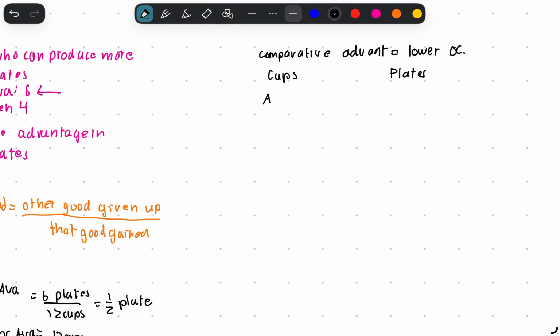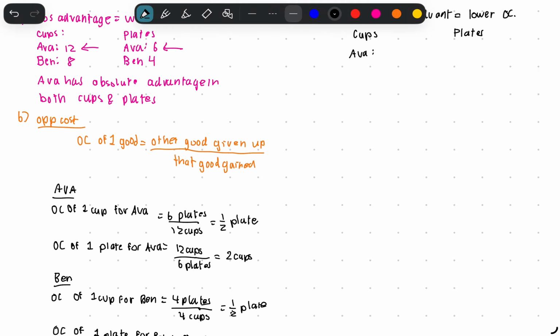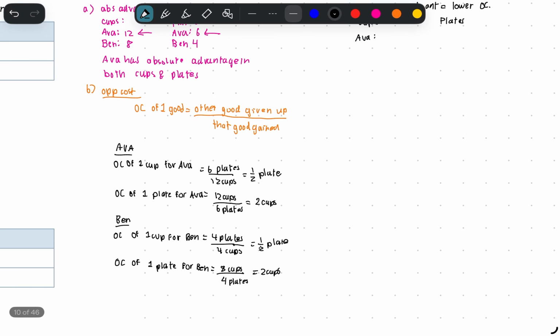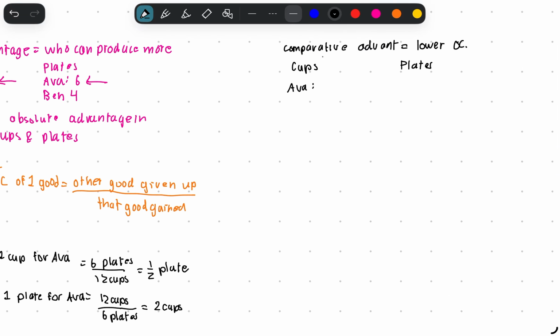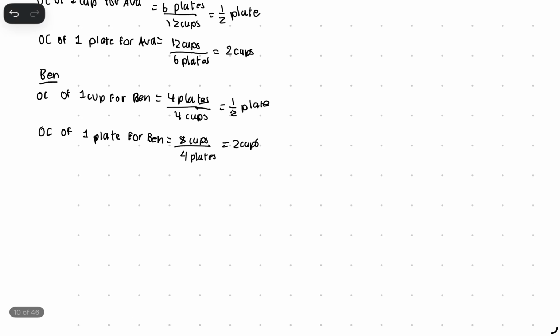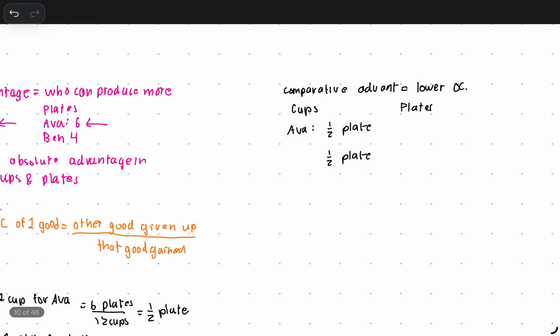So we know that Ava, when we're looking at our cups, has an opportunity cost of 1/2 a plate. And we see that this is going to be the same for Ben as well. So they have the same comparative advantage.